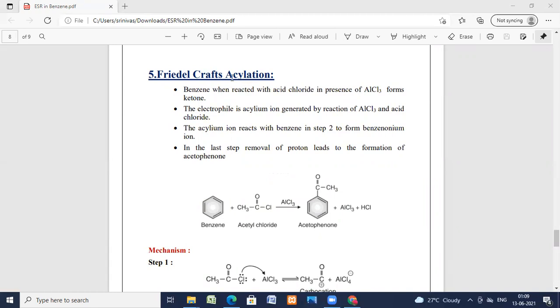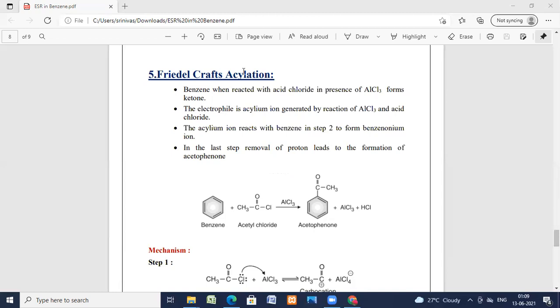So the electrophile is the acylium ion, which is generated by reaction of AlCl3 and acid chloride. The acylium ion reacts with benzene in step 2 to form the benzonium ion. So if an R group is attached, it is alkylation, and if COR is attached, then that is acylation.